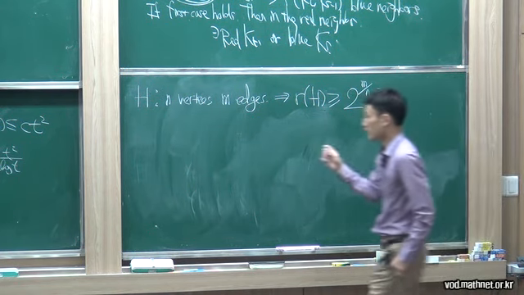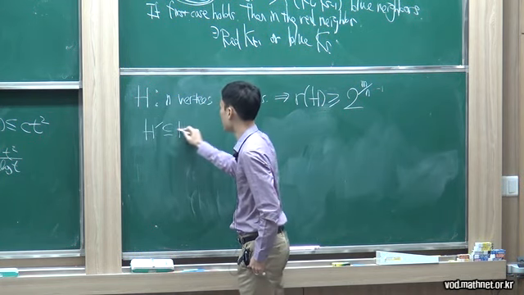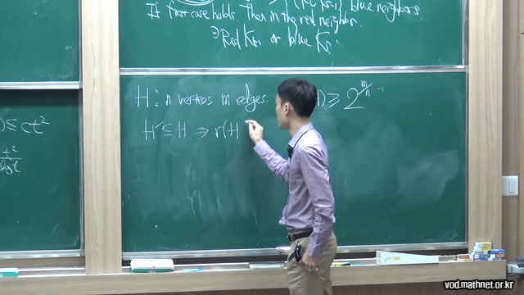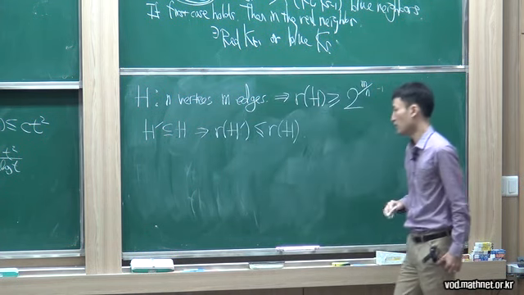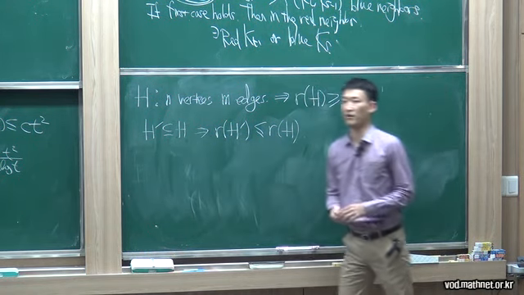So consider the following bound. If H prime is a subgraph of H, then trivially R of H prime is less than or equal to R of H, because if you want a monochromatic copy of H, you must first have a monochromatic copy of H prime.